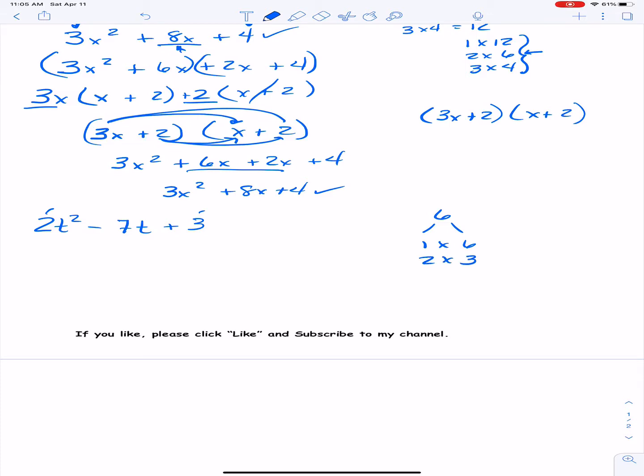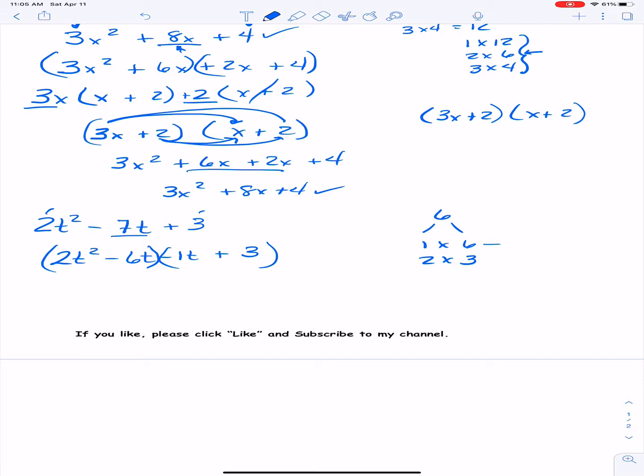I'm going to ask myself which one of these pairs will give me 7t. I have this one here. So I'm going to rewrite this: 2t squared minus 6t minus 1t plus 3. I group, and now I factor.